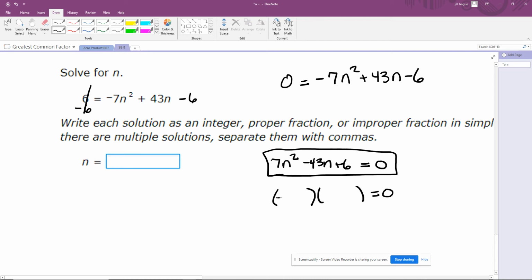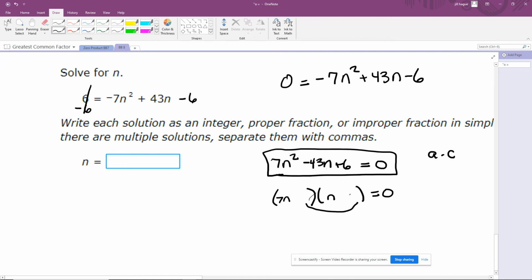All right, I know this has to be 7n, and I know this has to be n. Okay, and I know that this number here times this number here has to be equal to 6, right? So you could factor this by doing the a times c and do it out, but we might be able to figure it out just with the 6 and 1, right?